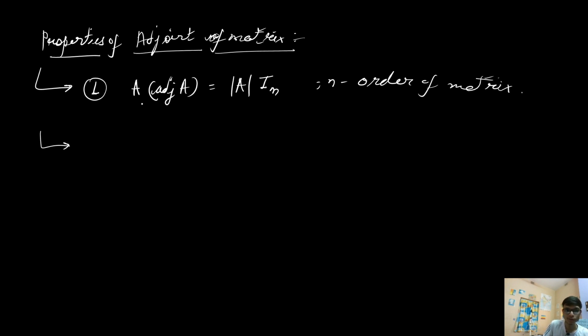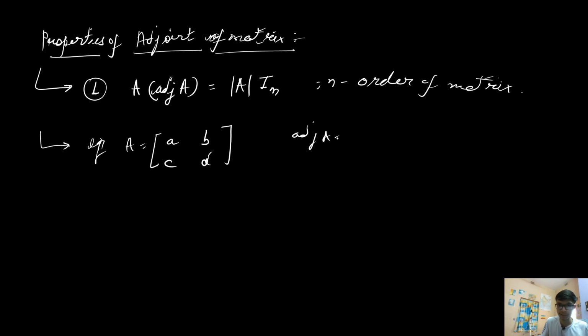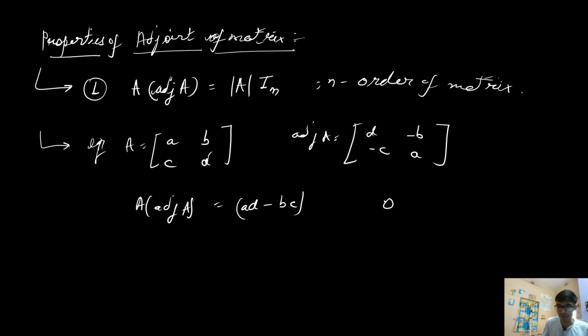Now this is the most important theorem. Let us justify it using the 2 cross 2 matrix with entries a, b, c and d. If I multiply it with the adjoint of A, which is d, a on the diagonal and minus b, minus c off the diagonal, I get ad minus bc, then 0, 0, and ad minus bc.